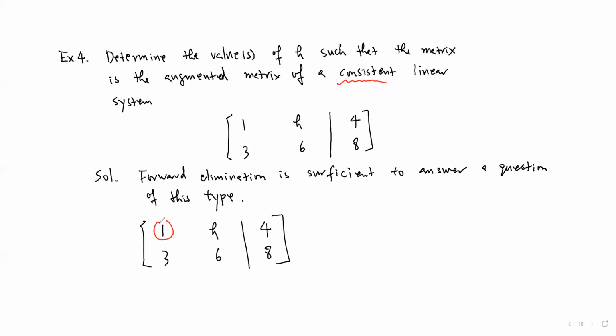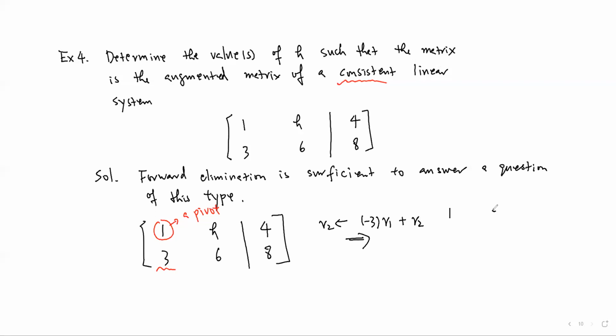I use this number to eliminate the number 3. So this number is a pivot number. To eliminate the number 3, negative 3 times row 1 plus row 2. Put the result in row 2.